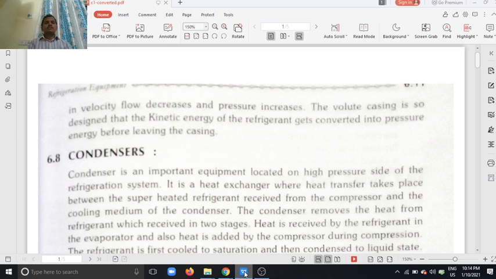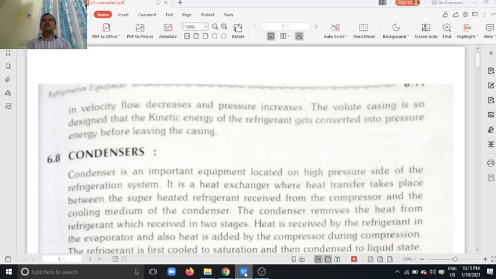At the same time, it is also called a heat exchanger because it exchanges heat from the refrigerant to the surroundings.